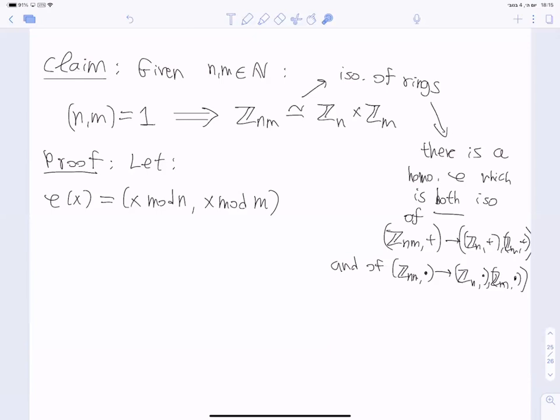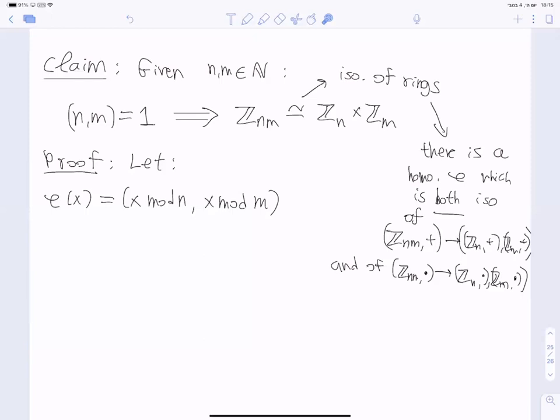I'm asking you because you can think about why it is true. Why do we have a single x given the remainders modulo n and modulo m? Yes, it divides both, these must be coprime. So why is it injective? Maybe it's from the Chinese remainder theorem.